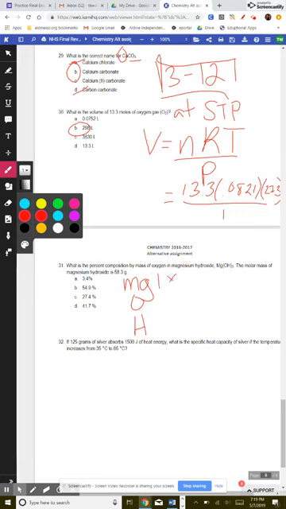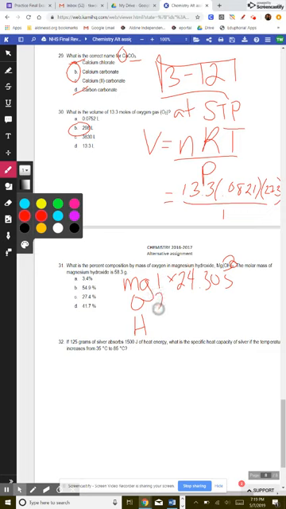So magnesium, there's 1, and the molar mass of magnesium is 24.305. Oxygen, there's 2 of them because of the subscript outside of the parentheses.